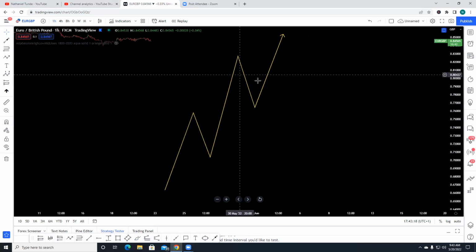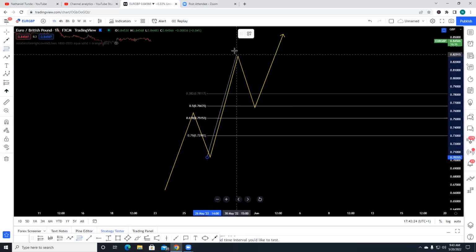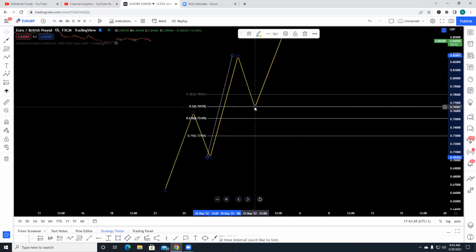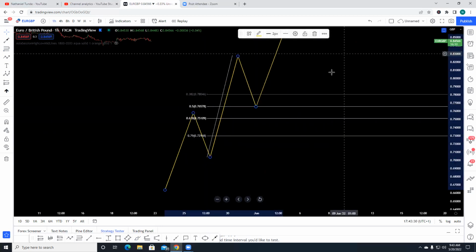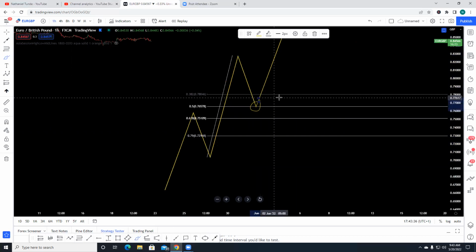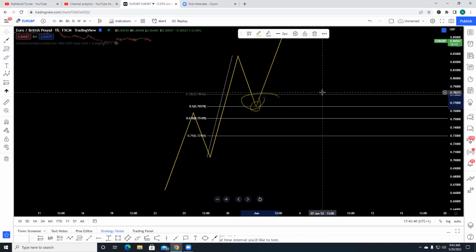Remember, wave 4 is a corrective structure just like wave 2, and we have said in the guideline that wave 4 usually terminates between 0.38 to 0.5 retracement of wave 3, which I've shown you right here. Between here and here is the termination point for wave 4.